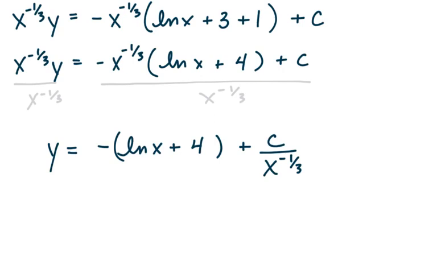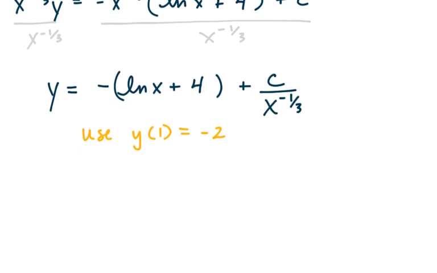But of course, we were given an initial value in this problem such a long time ago when we started. So in order to solve the initial value problem and find the specific solution, we're going to use the initial value to determine what c is. So we're going to use that y of 1 equals negative 2 to determine c. So what we have here is negative 2 equals negative the natural log of 1 plus 4 plus c over 1 to the negative 1/3.